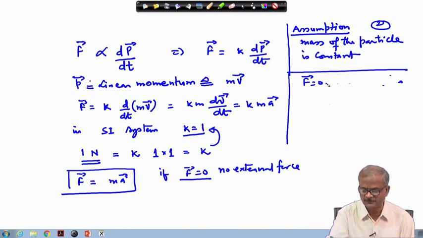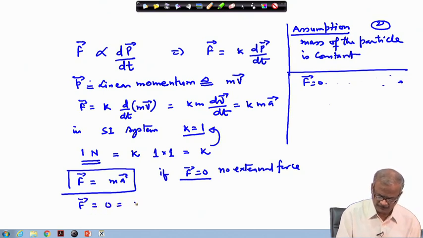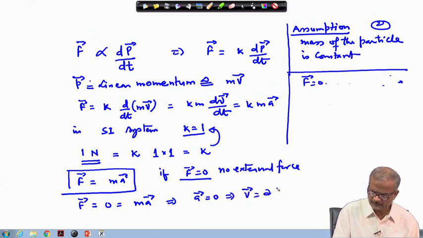So, if F equal to 0, there is no force acting on the system, so either the system will be in the state of rest or in motion, which is visible from this. So, F equal to 0 implies a equal to 0 and v equal to a constant.